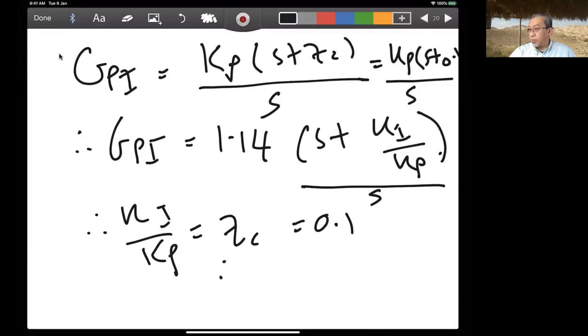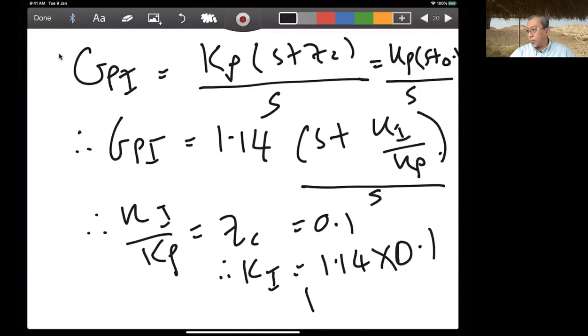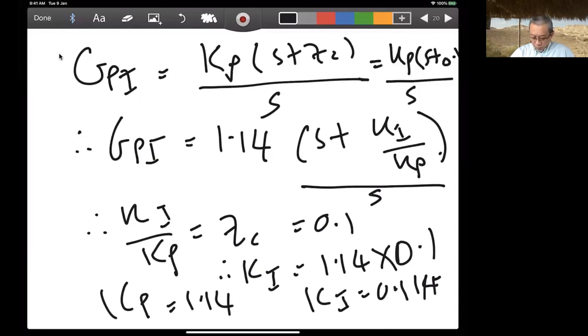That's why Ki is equal to 1.14 multiplied by 0.1, so Ki is equal to 0.114, and Kp is already calculated just now, 1.14.